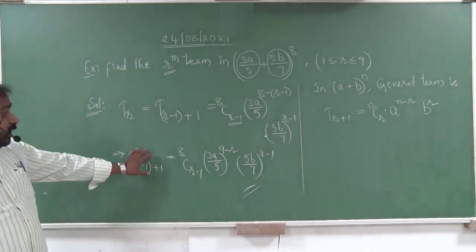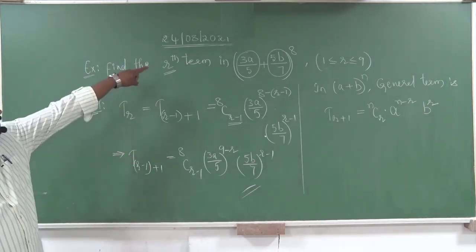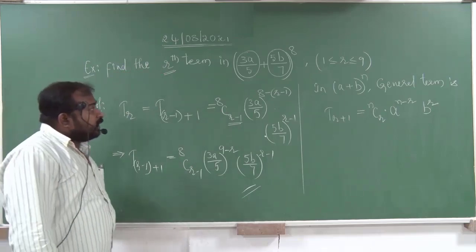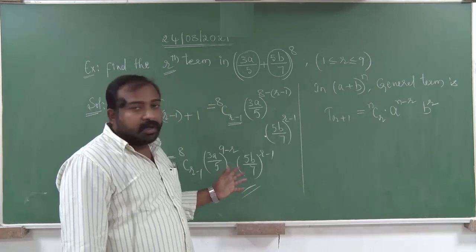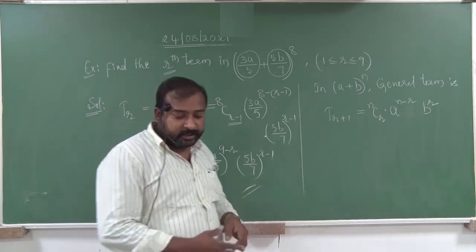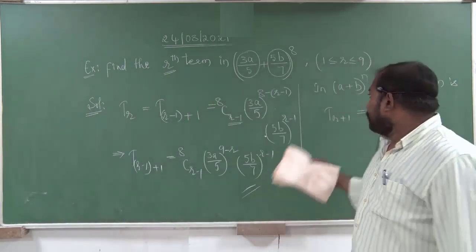So this is the rth term in the expansion (3a/5 + 5b/7) whole power 8. I hope that all these bits are clear for you. Next, one more example we can go through.